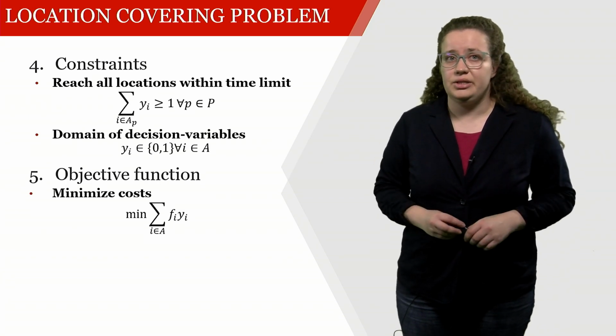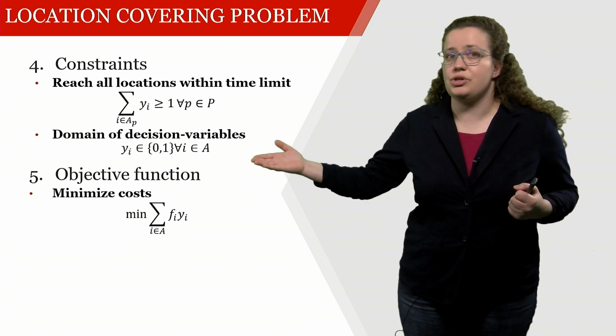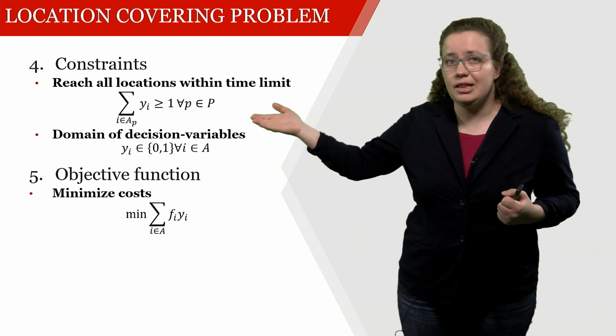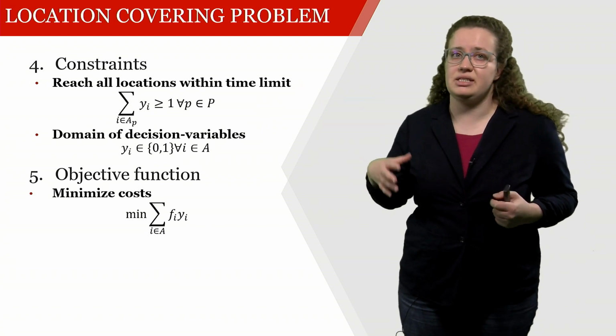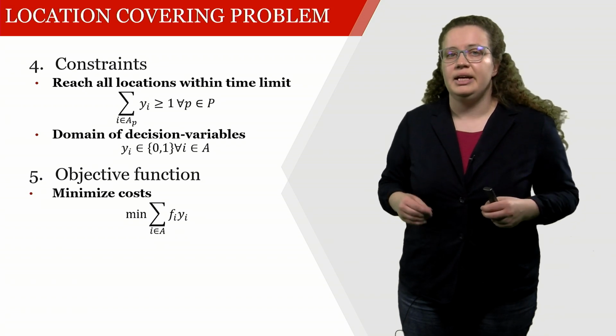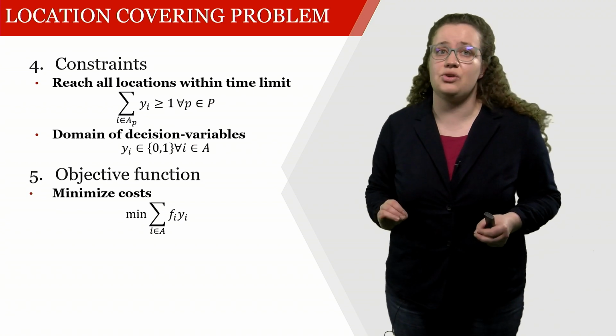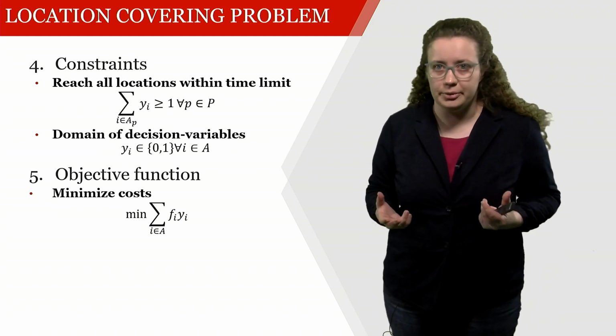Then we're looking into constraints. So the fairly obvious constraint is, of course, the domain. What is a little bit more tricky to think about is this reach all locations within the time limit. And what we're saying here is that at least one of the locations that are reachable from a patient has to be open.